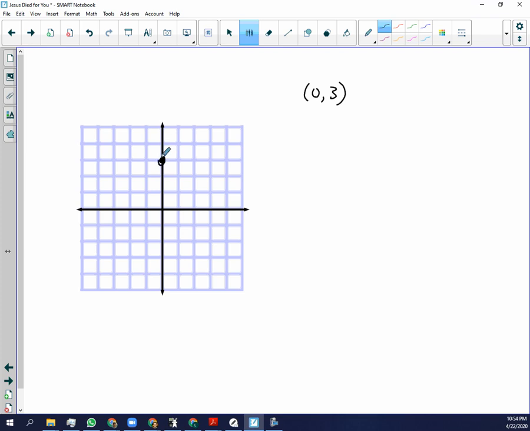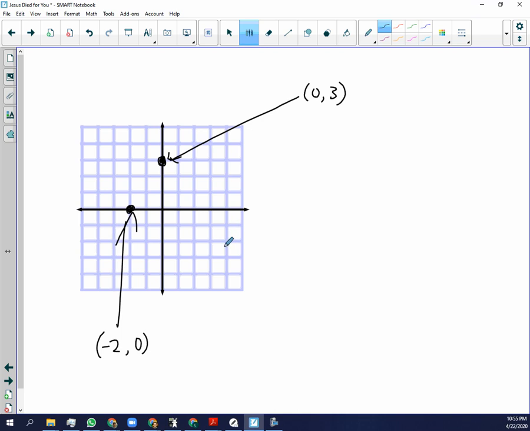So that point would be right there, 0, 3. And let's see, what would this point be right there? Where are we on the x-axis? The x-coordinate is -2, and the y-coordinate is 0.